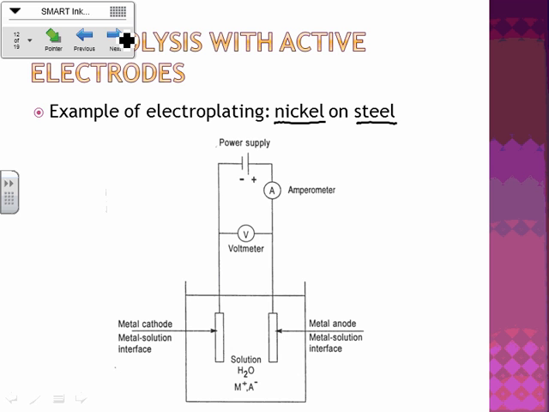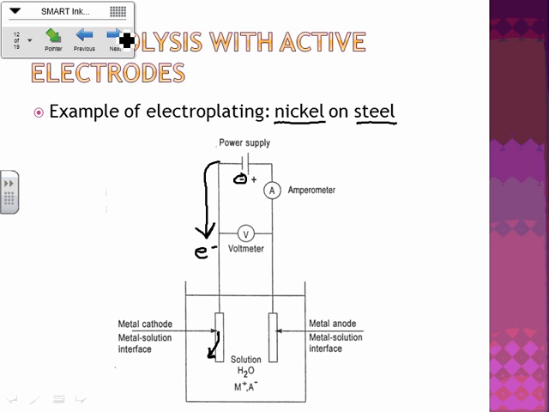So all you're doing here is essentially you're passing electricity through, and this is the cathode. You can see this is the negative terminal here, so the electrons are flowing this way in this particular example, okay? So the electrons are flowing through this cathode, this is the electrode where the reduction is going to occur, okay?